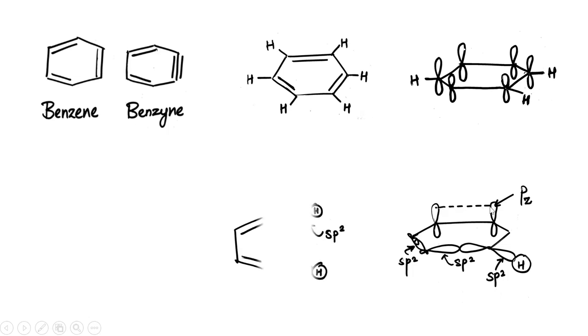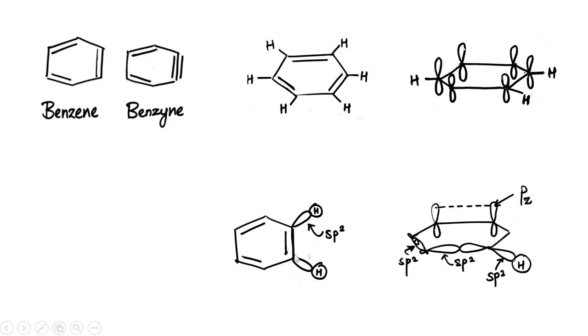But in the case of a simple benzene molecule, these sp2 hybridized orbitals are responsible for the bonding with hydrogen. As benzyne, or aryne, is a structure, we can call it 1,2-dihydrobenzene. 1,2-dihydrobenzene means we are going to remove two hydrogen atoms at adjacent positions.